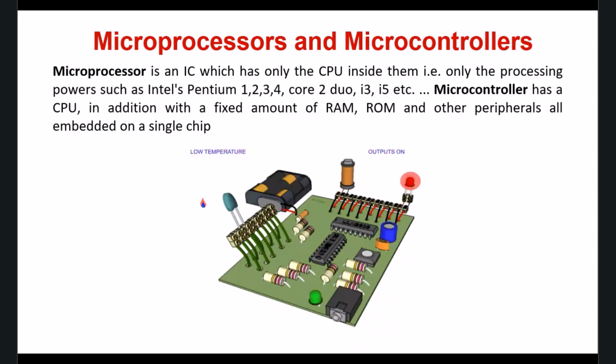Within the single chip, the microcontroller has some amount of memory and the capability to be connected with external devices, that is, peripherals. So if you want to differentiate between the microprocessor and the microcontroller, you can say the microcontroller has the memory and the capability to be connected with peripherals within the chip, but the microprocessor requires external memory or coprocessors to be connected with the peripherals.